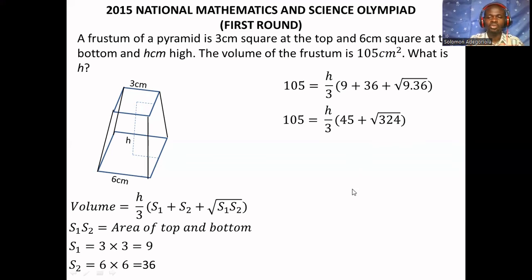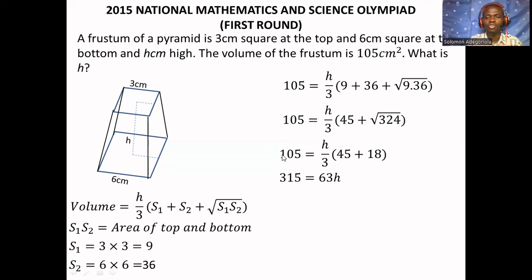Once we get the square root, we can cross multiply using this 3 to multiply 105, which is the next thing we're going to do. So we have 105 is equal to h over 3 times the bracket 45 plus the square root of 324, which is 18. Add this together, then use this 3 to multiply 105. What do we get? We get 315 is equal to 63h.